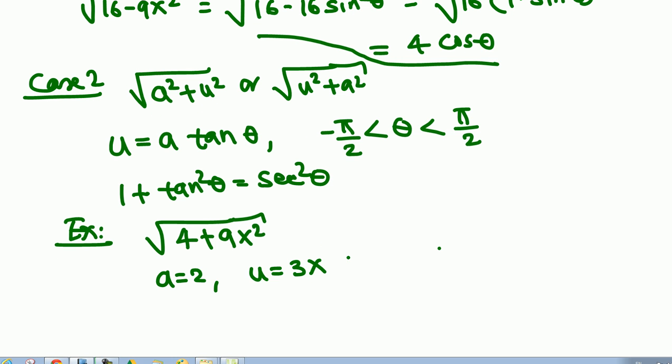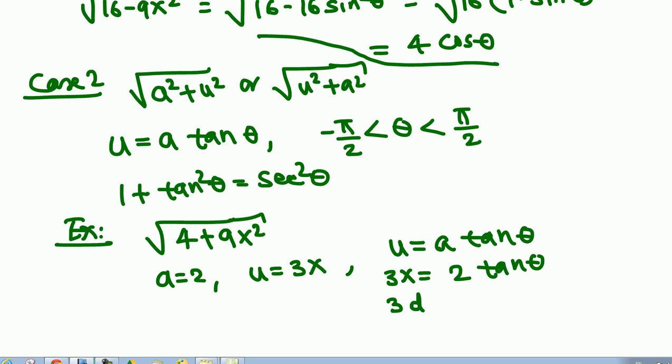Now we want to make the substitution u equals a tangent theta, so 3x equals 2 tangent theta. Taking the derivative, we get 3 dx equals 2 secant squared theta d theta, since the derivative of tangent is secant squared. With this substitution we should be able to get rid of this square root.